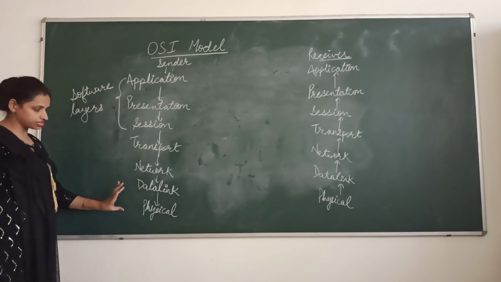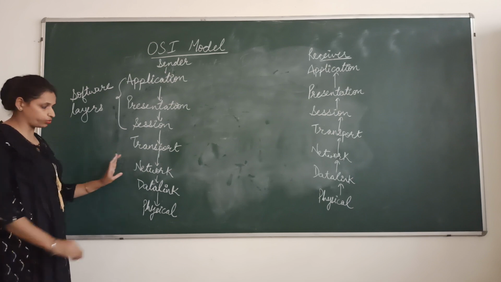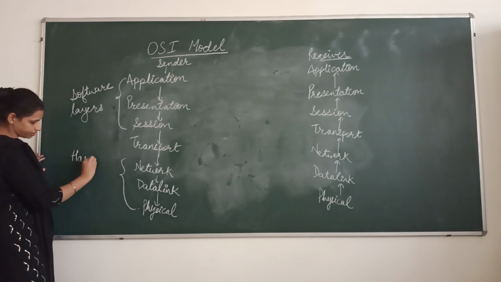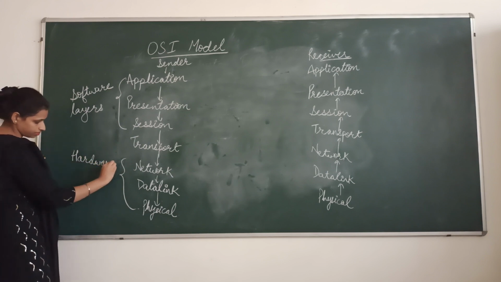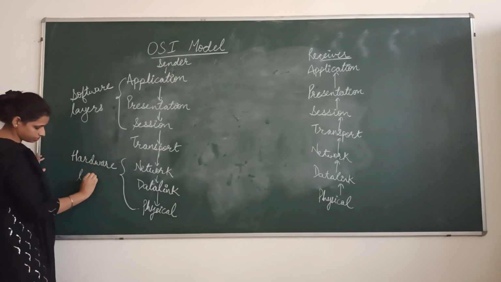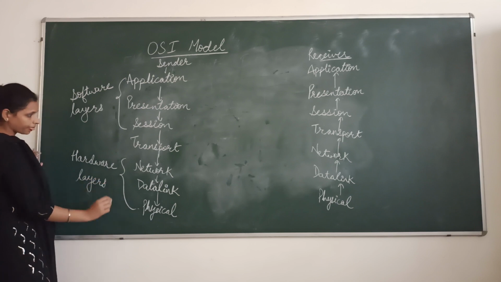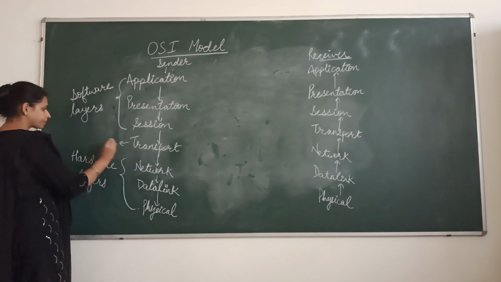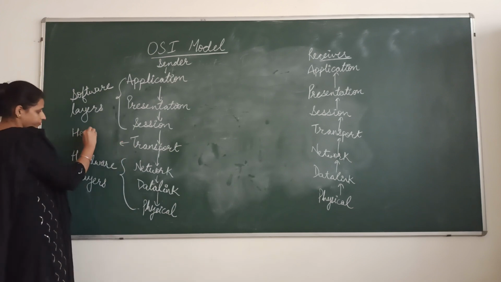And lower 3 layers, physical, data link, and network, these 3 layers are called hardware layers. And the middle one, that is transport layer, it is known as heart of OSI model.